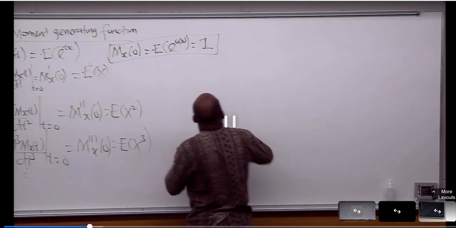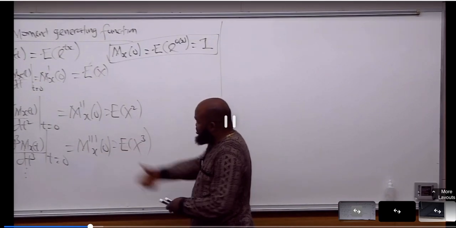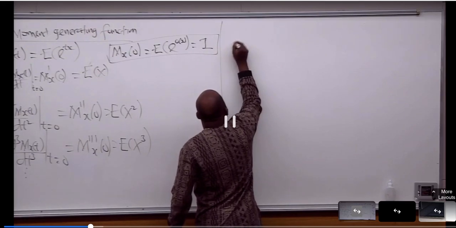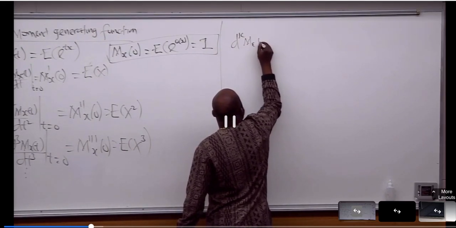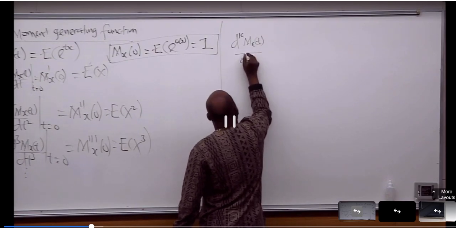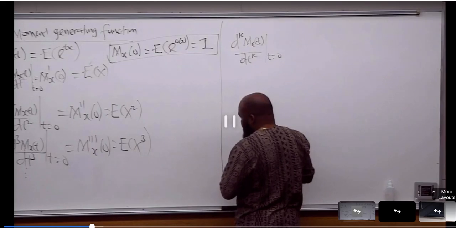Now, if I want to generalize to k, I'm going to say the k-th derivative of M_X(t) at t equal to 0.